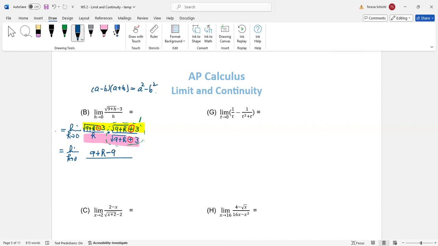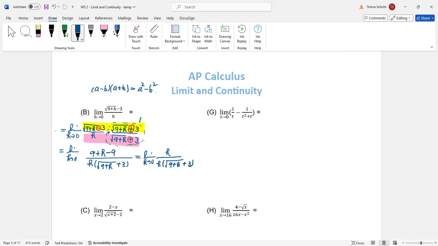So my numerator will be a squared, which is 9 plus h, minus b squared, which is 9. Then the bottom, just leave it as it is: h times the square root of 9 plus h plus 3, right? So now here, this is the limit as h approaches 0. Then you have an h here, and this is h, and then this is the square root of 9 plus h plus 3.